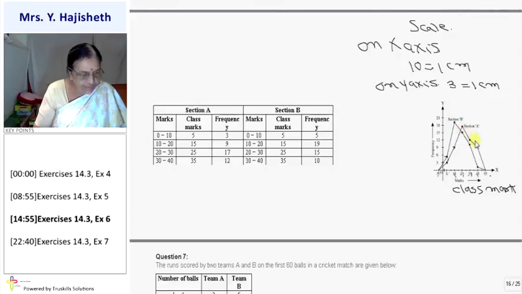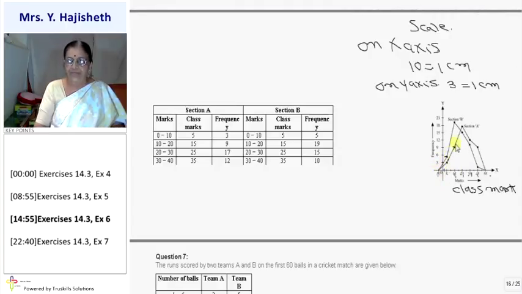The fourth point is 35, 10. And the fifth point is 45, 1. Right? So I join them by line segments, and the last one with the x-axis. Here also, with the negative side of the x-axis.